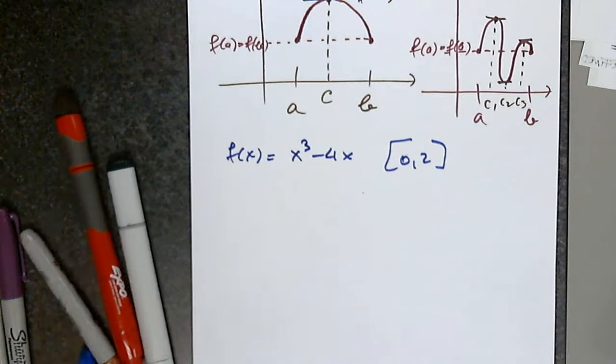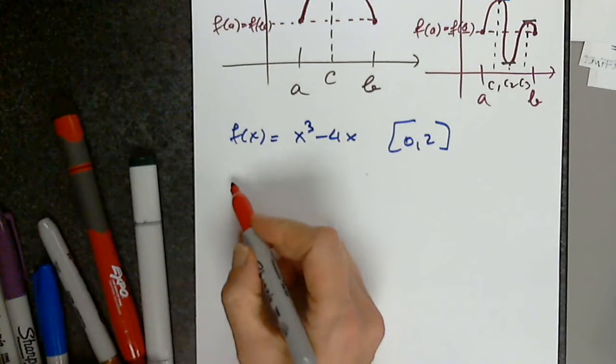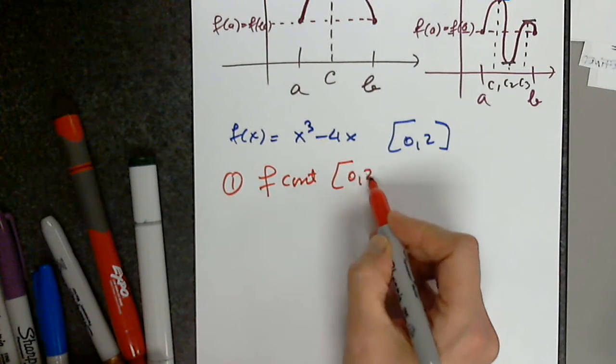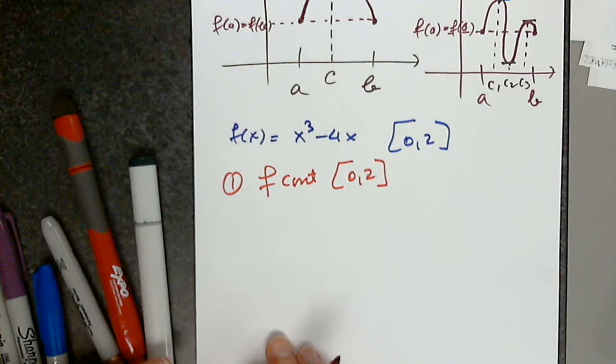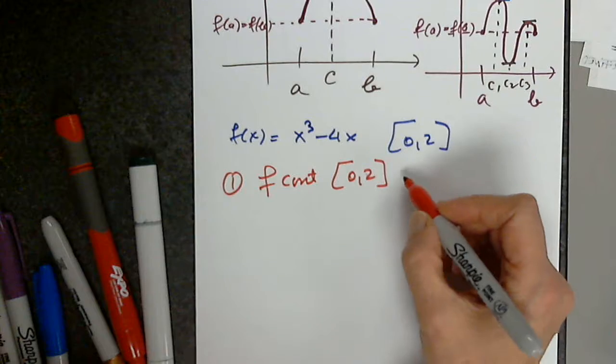I have to state all 3 hypotheses or conditions of the theorem. Number 1, is f continuous on the interval 0, 2? Why? The function is a polynomial. Yes, cubic, but polynomial.